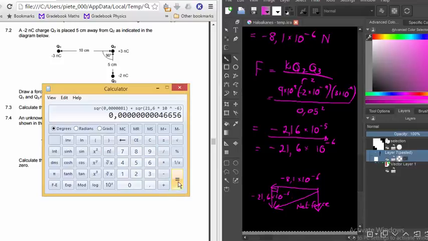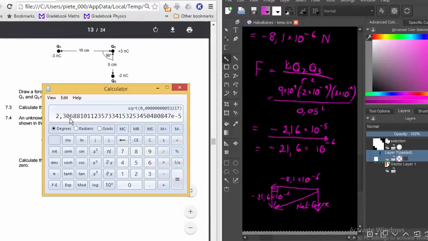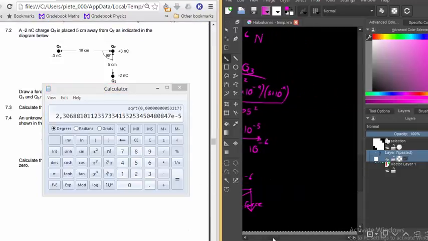Okay, that looks correct. Taking the square root of that gives me the hypotenuse, and that is then equal to, so the net force is 9.07 times 10 to the power of negative 5 newtons.